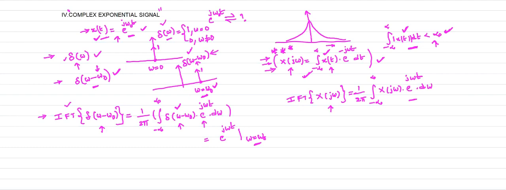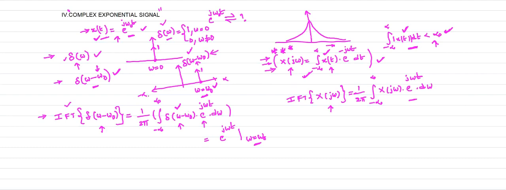When you multiply any function with 0 value, the result is 0. So integral means accumulation of the values of the function at different frequencies. That is the meaning of integration. If you want to perform the integral from minus infinity to plus infinity, you consider all the values of omega from minus infinity to plus infinity range.